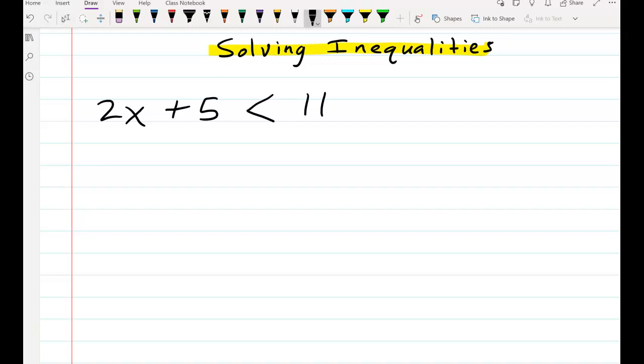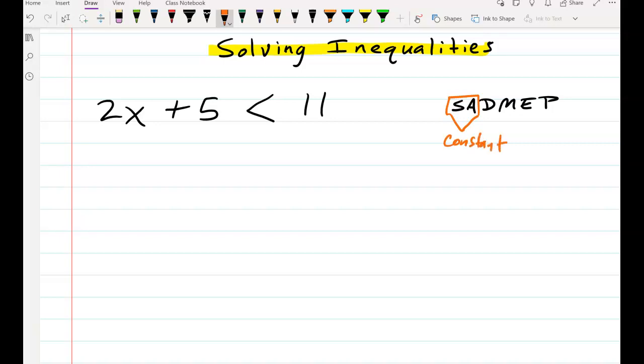And so, since I know I'm going to be solving inequalities using the order of operations in reverse, I'll bring in old SADMEP here. Because I know that when I solve equations, I am going to undo any adding or subtracting of constants first.